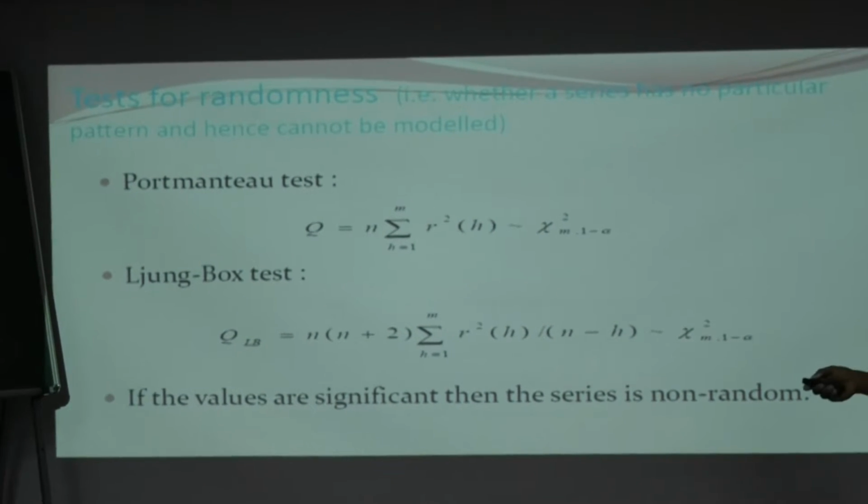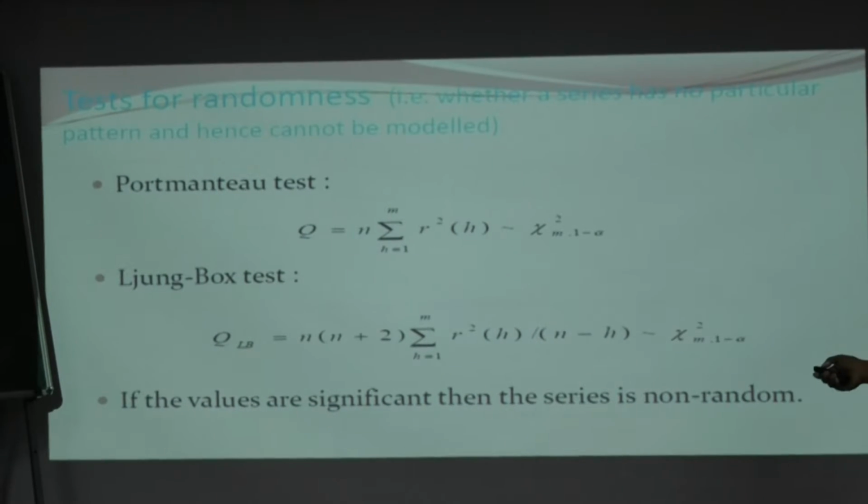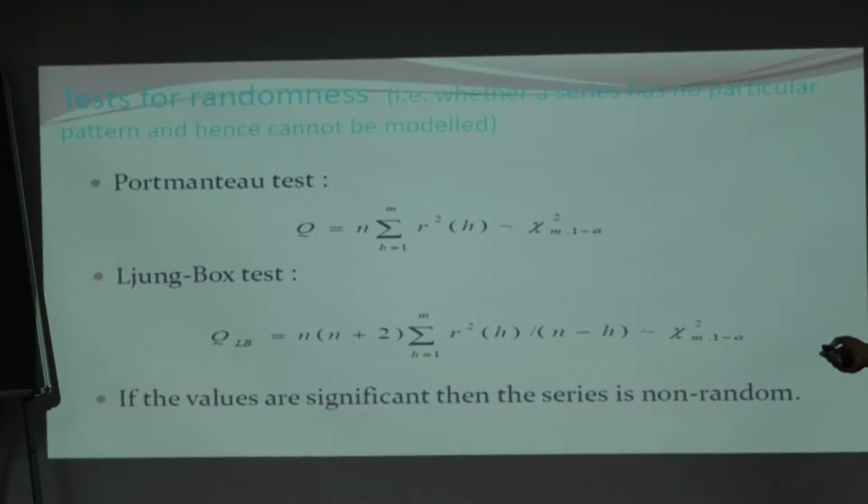Once you have done this, and I think I should have mentioned this earlier, but since I'm putting it here, I'm going to talk about it here. Suppose I fit an AR1 process. Let's look at it from a regression point of view. Suppose I do a regression here.